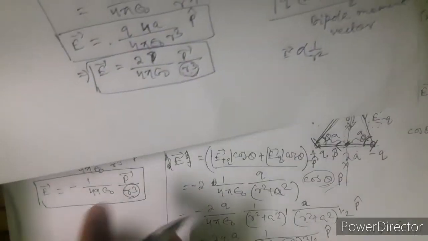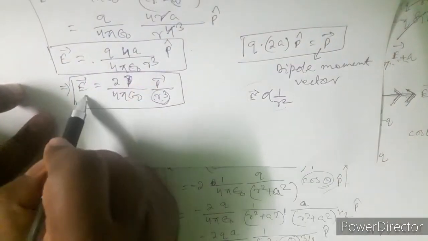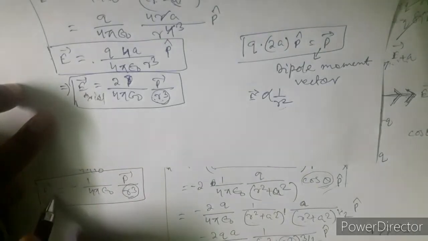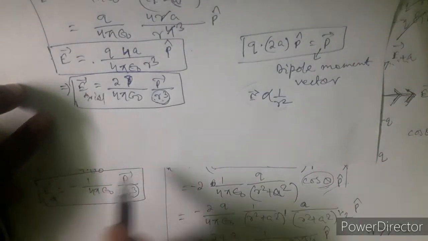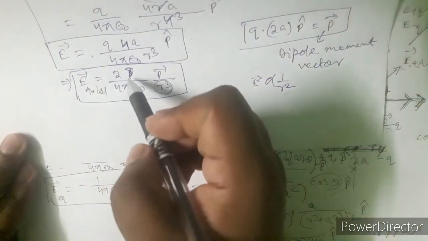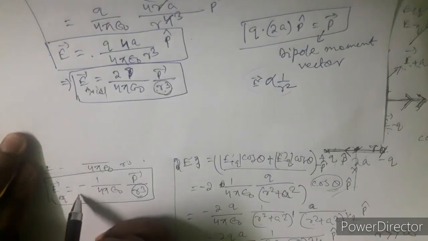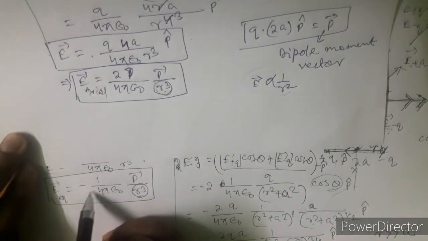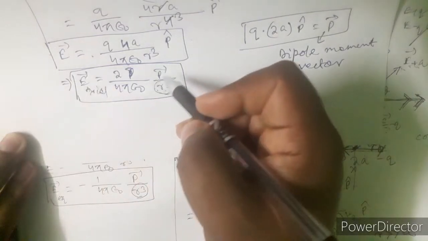So what is the difference between axial and equatorial? This is the result we got for axial, and this is the result we got for equatorial. You can see that if we multiply the equatorial result by -2, you will get the axial result.